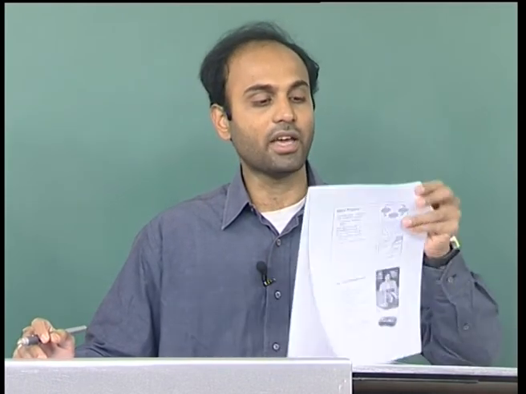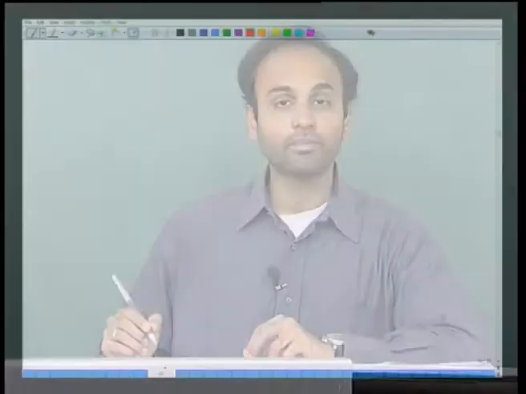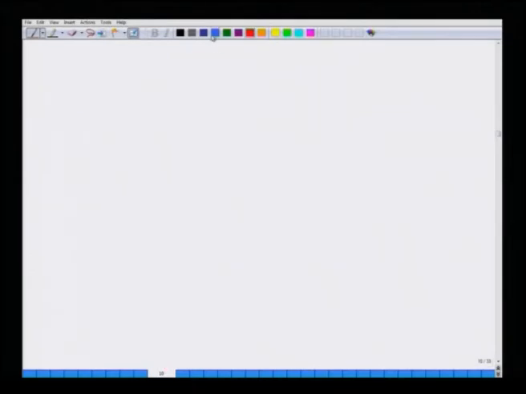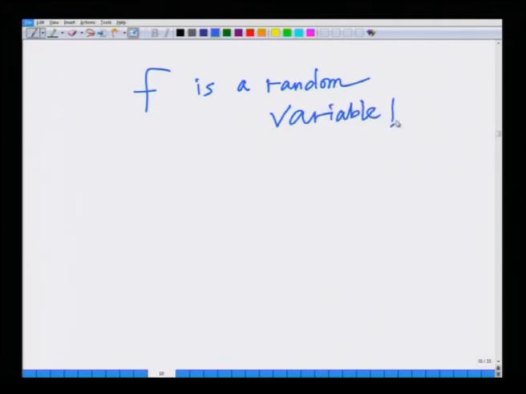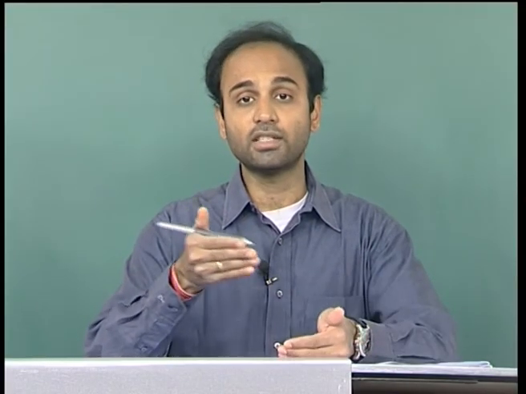Now, let us try to understand the nature of this f. First, f is a random variable. Let me make that clear. F is a random variable. Why? Because the distances of the different users are random. Further, the users are mobile, so these distances are changing.